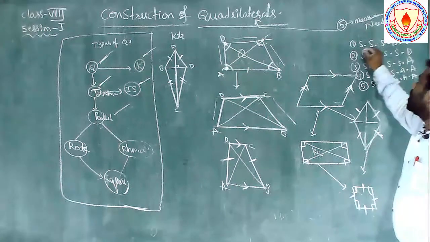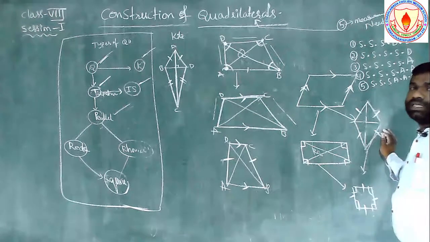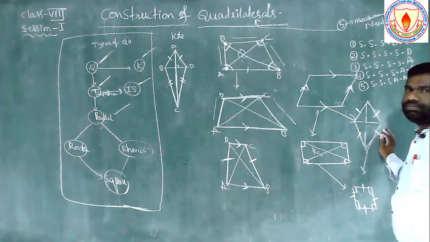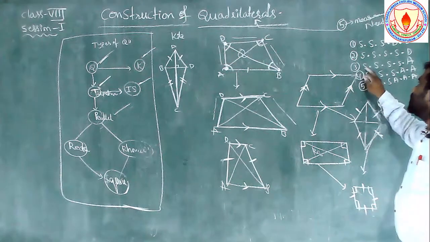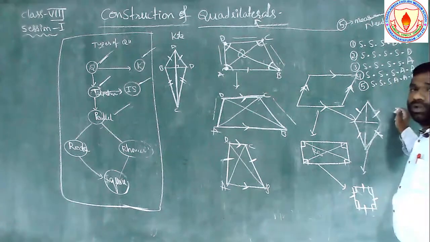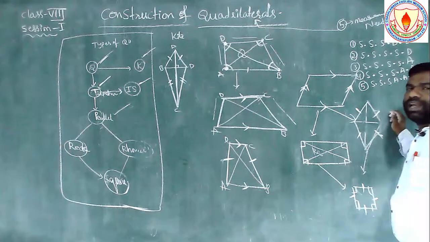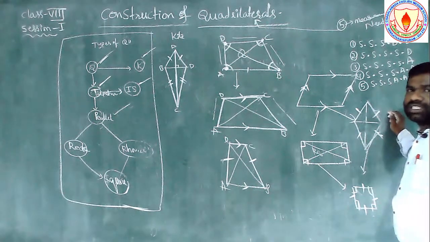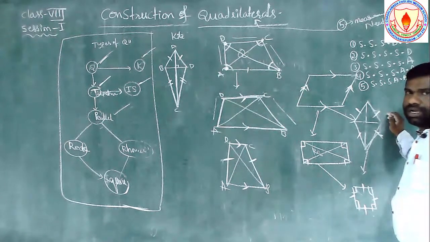In this case also we can draw the construction of the quadrilateral. Okay? Next, third case: 4 sides, 1 angle. In this case also we can draw the construction of the quadrilateral.